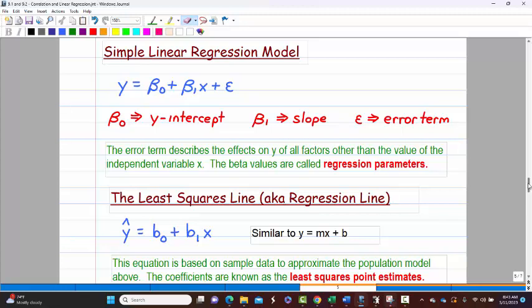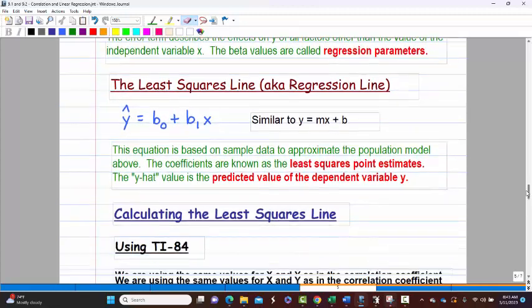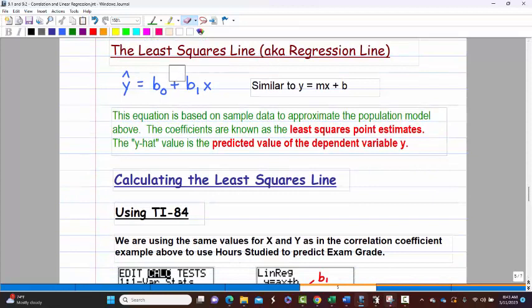But here's what we want right down here, the least squares line, also known as the regression line. This is called y hat, and in many books it's written this way: equals b0 plus b1x. I think the reason for that is because there's a thing called multiple linear regression, which we're not studying in this class, where you're using more than one x value to predict a y.